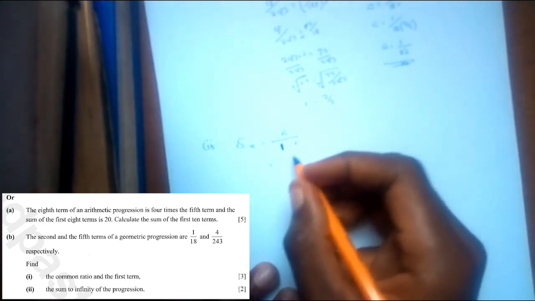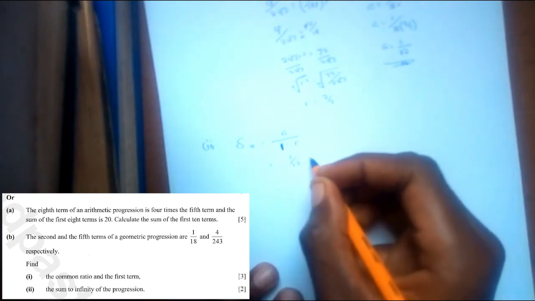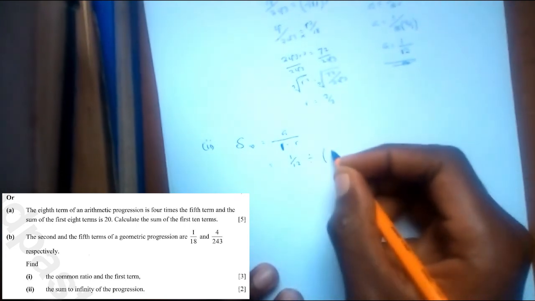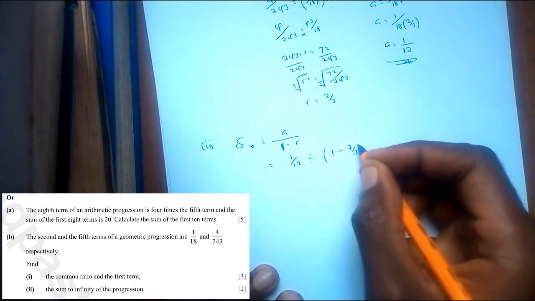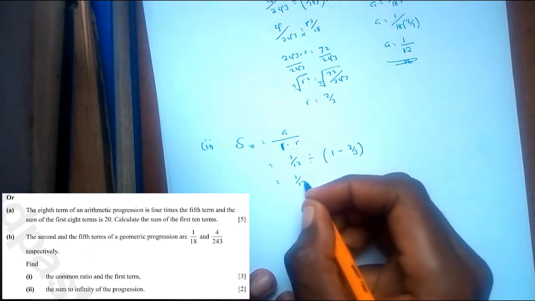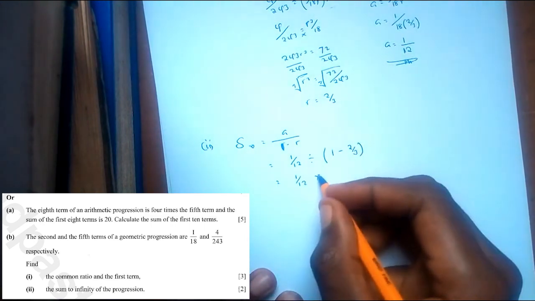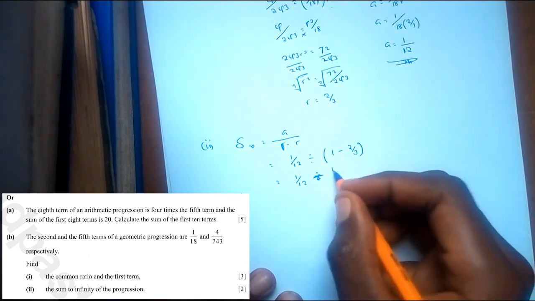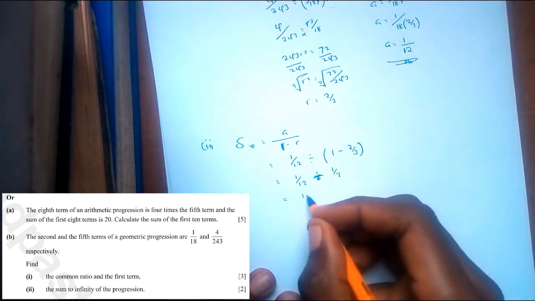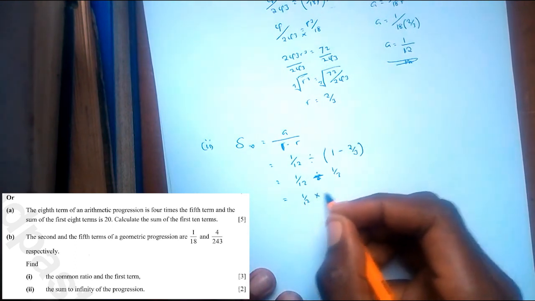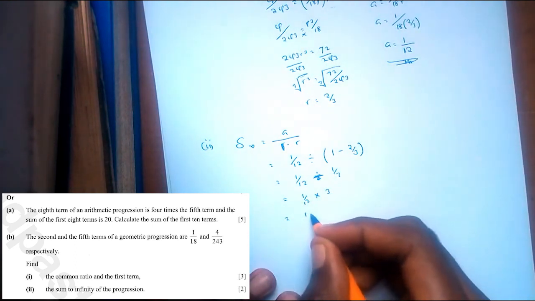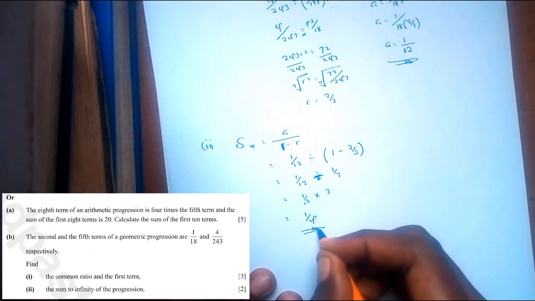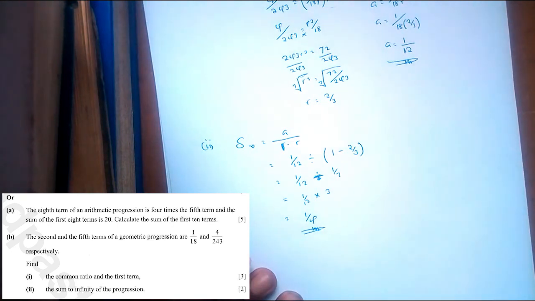So that will be equal to 1 over 12 divided by 1 minus 2 over 3. It will be equal to 1 over 12 divided by, this is just 1 over 3. So 1 over 12 times 3, it will be equal to 1 over 4. So this is the sum to infinity.